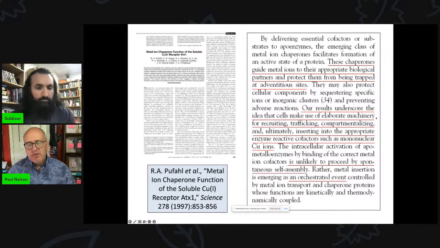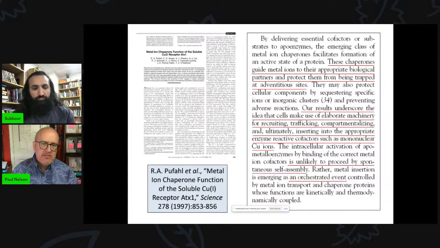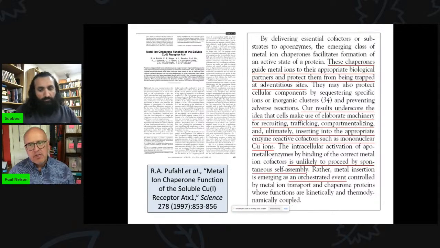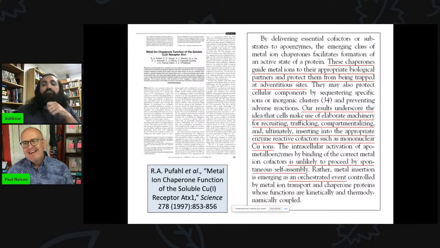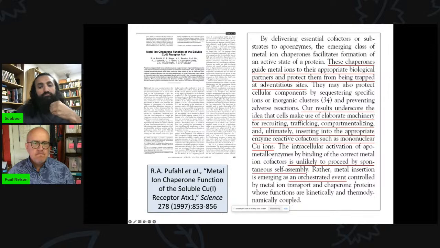Our results underscore the idea that cells make use of elaborate machinery for recruiting, trafficking, compartmentalizing, and inserting into the appropriate enzyme reactive cofactors such as mononuclear copper ions. I love this next phrase. This is unlikely to proceed by spontaneous self-assembly. Rather, metal insertion is emerging as an orchestrated event.